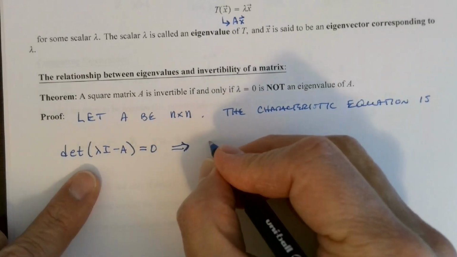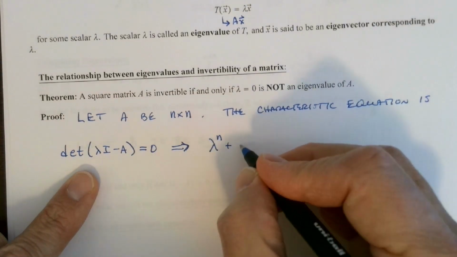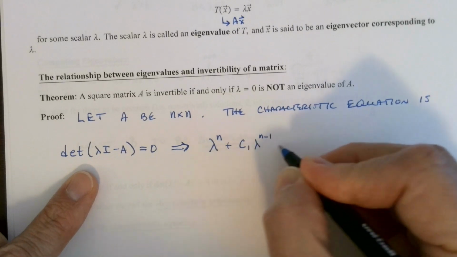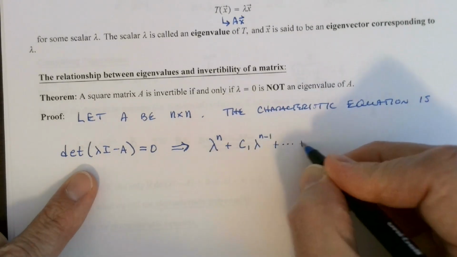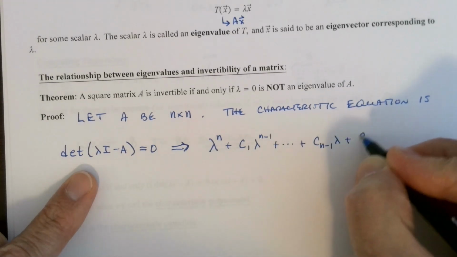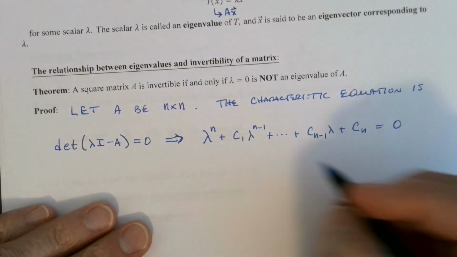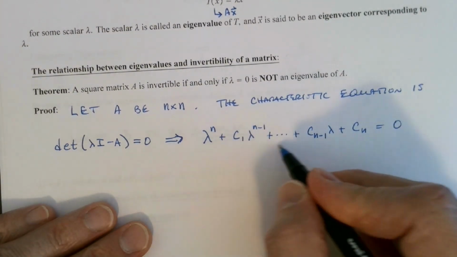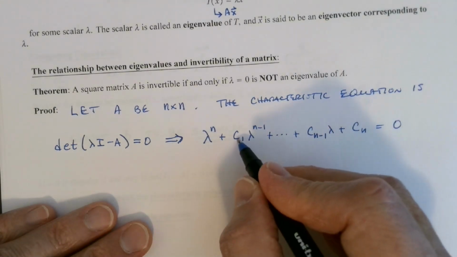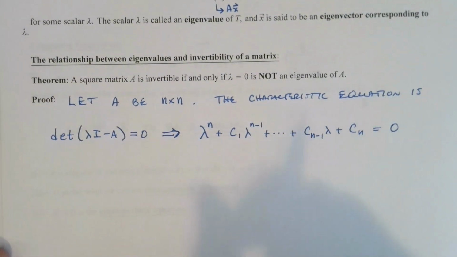Well, the characteristic polynomial is going to be lambda to the n, plus some coefficient times lambda to the n minus 1, all the way down to C sub n minus 1 times lambda plus C sub n, that's the constant term, equals 0. This indeed is the determinant of lambda I minus A. And again, these coefficients, C1, C2, all the way down to the constant, depend on the matrix A.